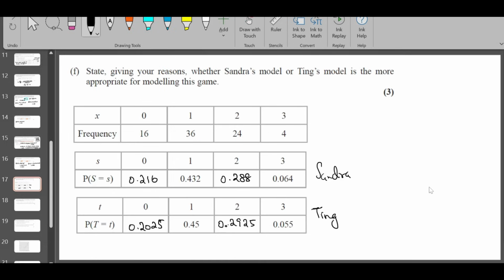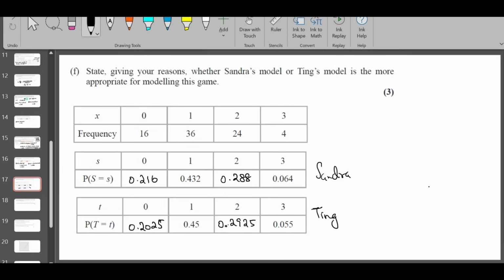Part F now. I have put all the 3 tables here to explain this question. State, giving your reasons, whether Sandra's model or Thing's model is more appropriate for modeling this game. This is the actual observed value, the x and frequency, there is no probability. And this is Sandra's model and Thing's model with the probabilities.